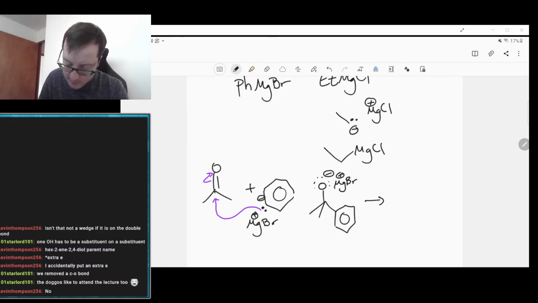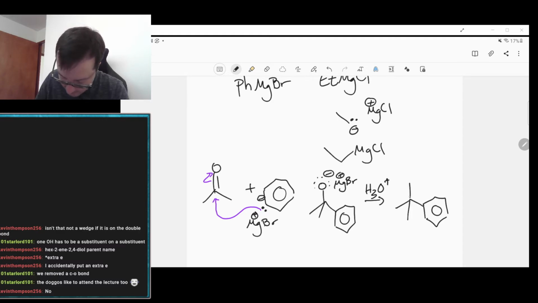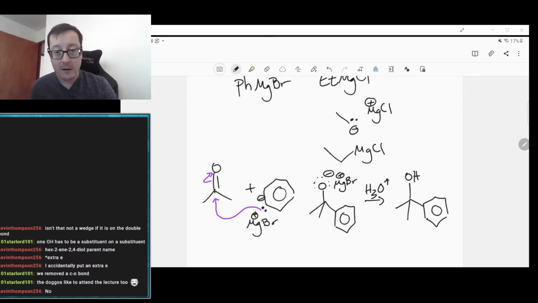And if you just do an acid wash after, you have your benzene, and now you've got an alcohol at the end. So you can use these as carbon nucleophiles. They will open up your carbonyl, and you'll be able to make it into an alcohol with your acid wash later, and that'll get rid of your MgBr.